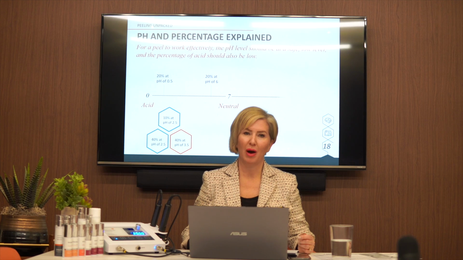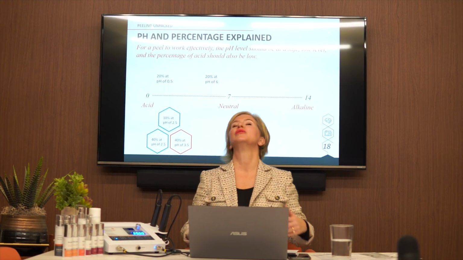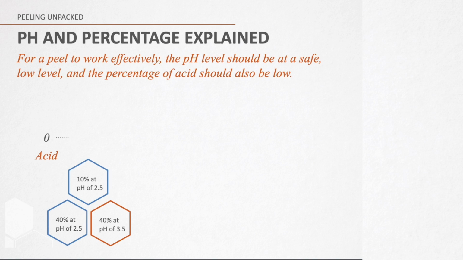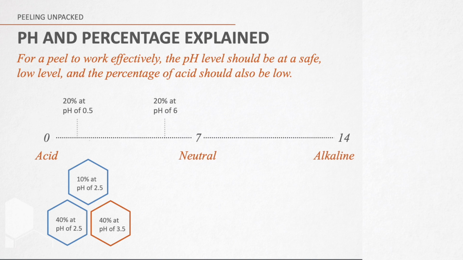So let's talk about pH. When we talk about peels, you've already heard me mention that some clients think they have to have a very high concentration of a product. They have to have something that's very stimulating. It has to sting. They have to crust over. And that's not the case. When we think about it, human skin is a 4.7 on the pH scale.